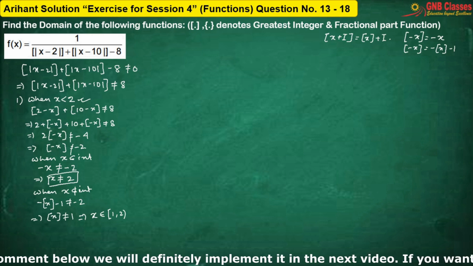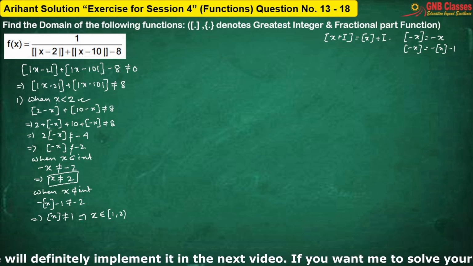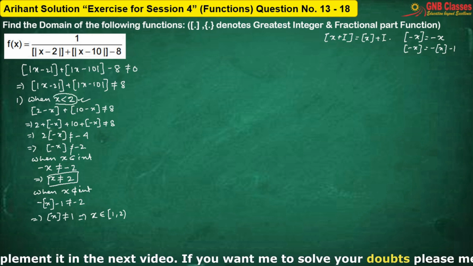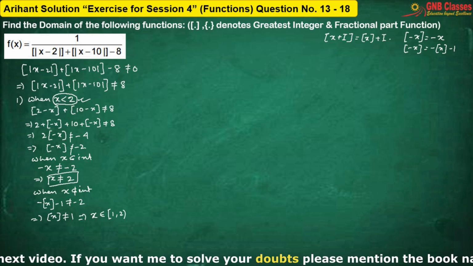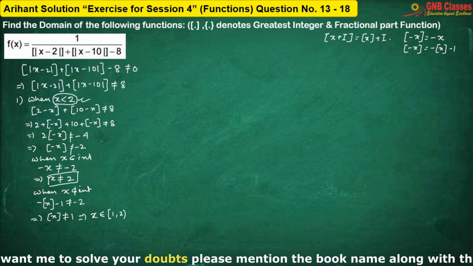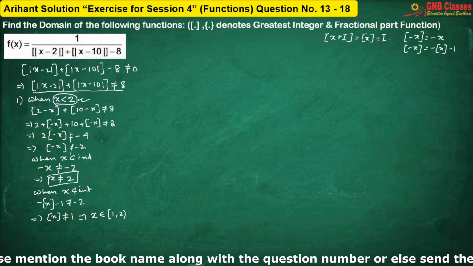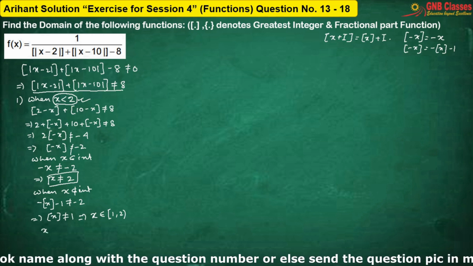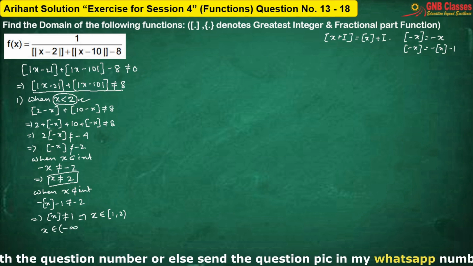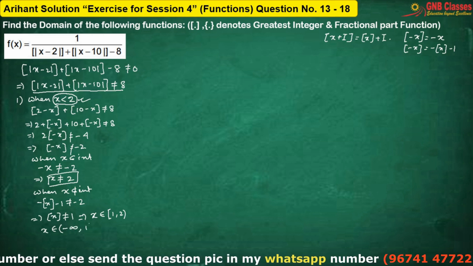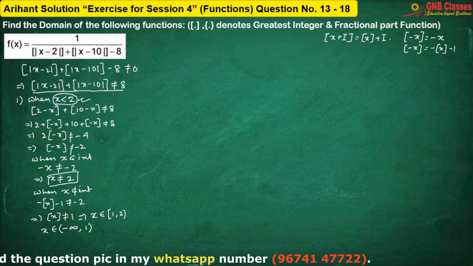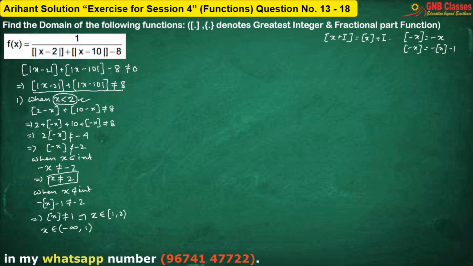Is it clear? Therefore, when x is less than 2, the function will be defined when x belongs to from minus infinity to 1. Is it clear? Both sides open. Have you understood till this?